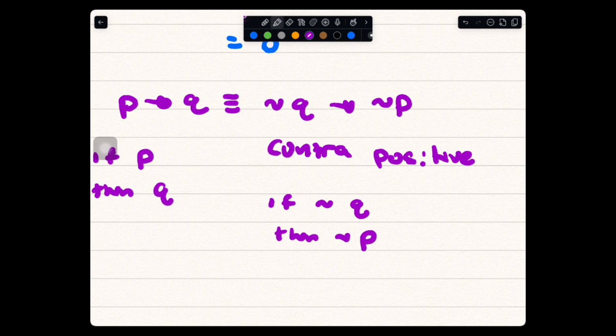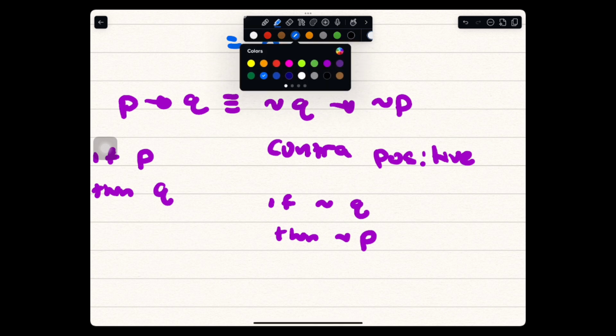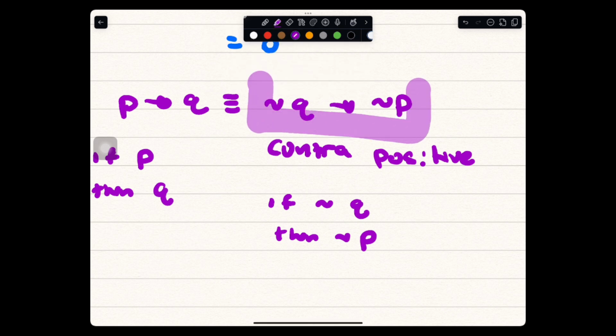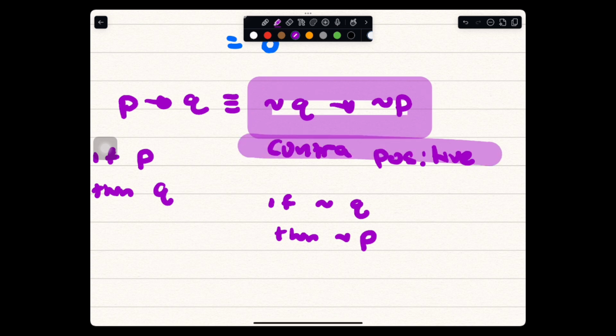This is the gold part. And the thing about contrapositives, if you ever prove that a conditional is valid, then the contrapositive is valid because they're really equivalent statements logically.